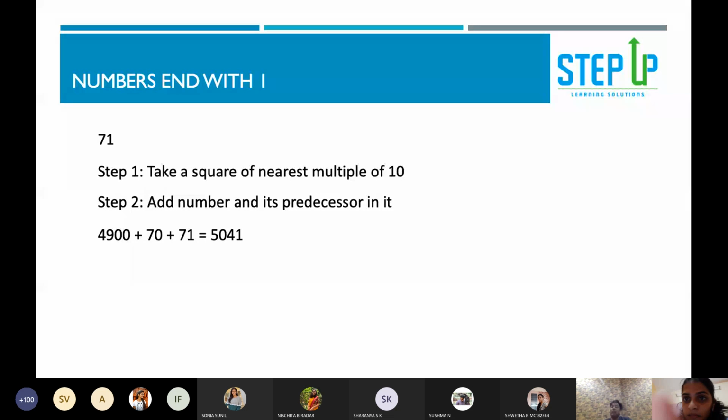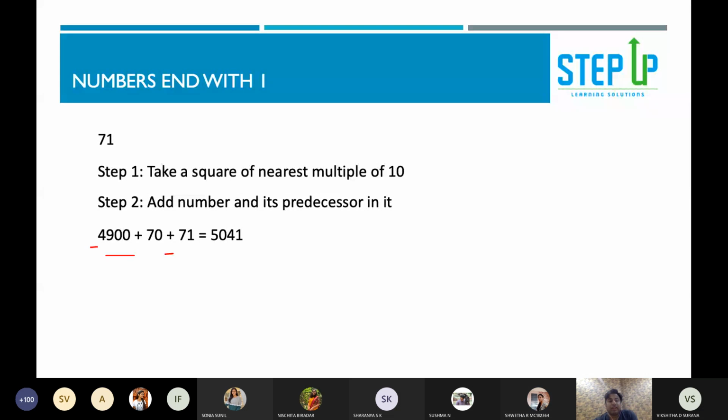Okay. Now another way, for those numbers which end with 1. Suppose I need to find the square of 71. I don't want to apply the first rule, but some other rule. We are very familiar with numbers which are multiples of 10, like 70. What is the square of 70? 4900.